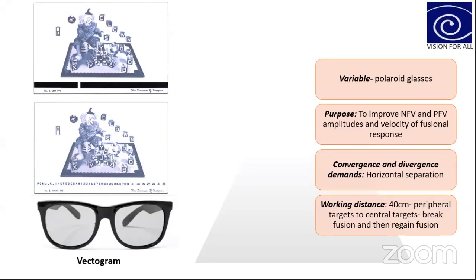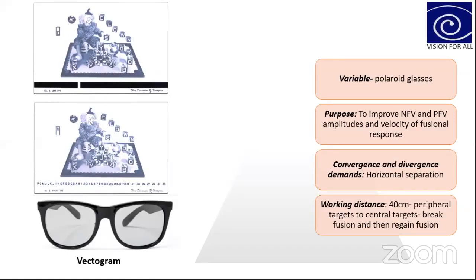According to many studies, in anaglyphs it is very difficult to get and maintain fusion. So at first we will start with the vectogram, which will quickly get the fusion, and it helps to maintain the fusion as well. Then you slowly move to the anaglyphs.